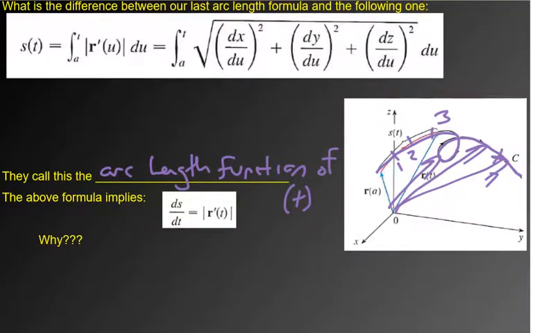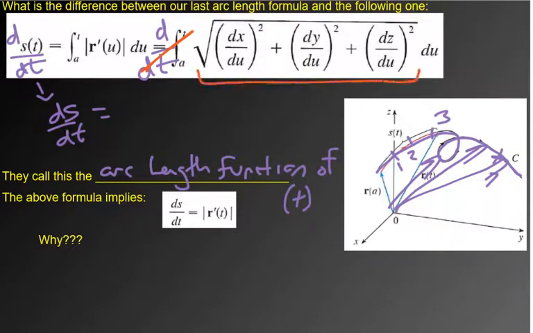Basically, if you just take d dt of both sides here, then d dt of this integral just gets killed, and then this stuff also gets killed.